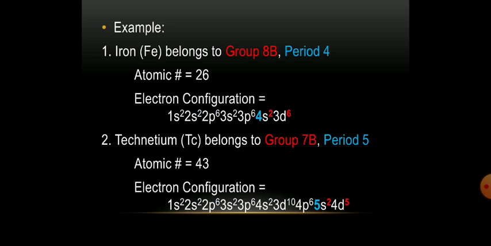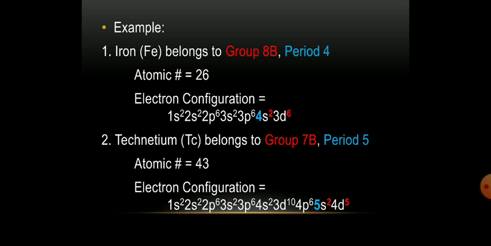Since it belongs to period 4, its valence configuration shows 4s2, and the general electronic configuration of d elements is (n minus 1)d, so you get 3d. Their powers, the number of electrons in the valence shell, 2 plus 6, give the answer 8, so it belongs to group 8B.